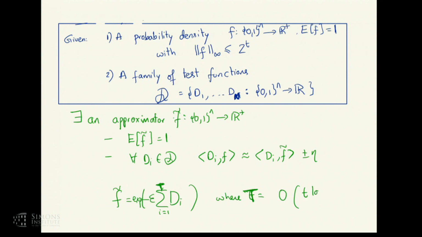T times the infinity norm of d divided by epsilon squared. I should say the max infinity norm over all d_i's.